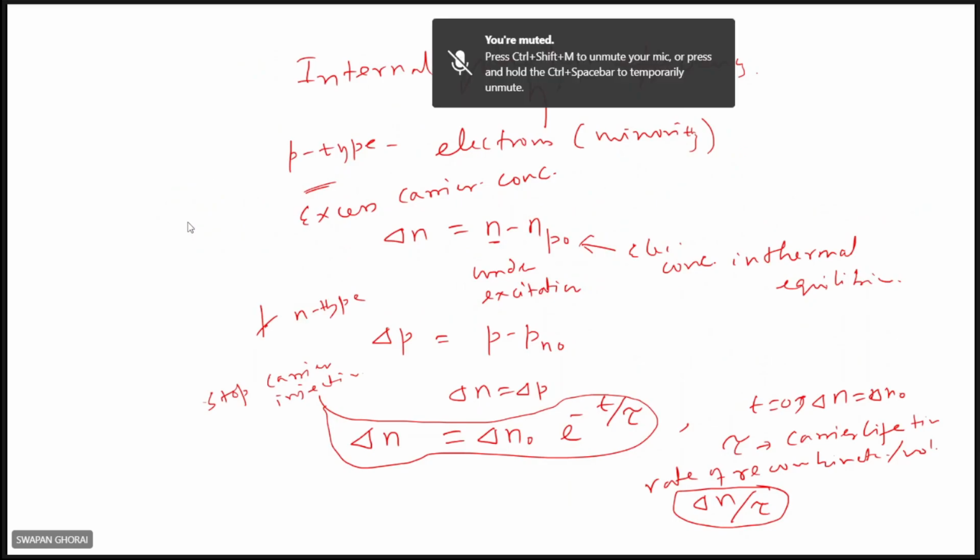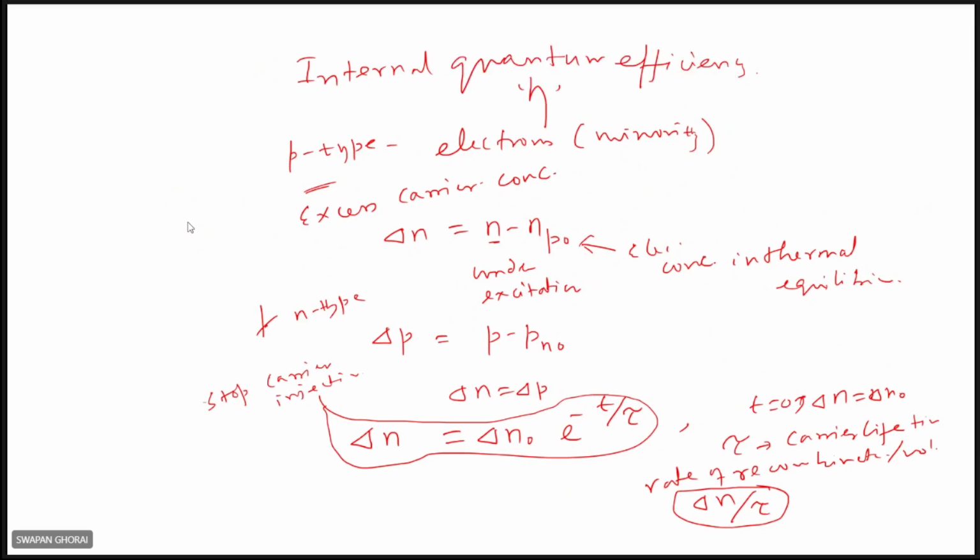Next, let us consider the internal quantum efficiency. Now consider the design aspect of the LED, right? In the beginning, I told you an LED must have high radiance, high power output, fast response times, and third, a high internal quantum efficiency.